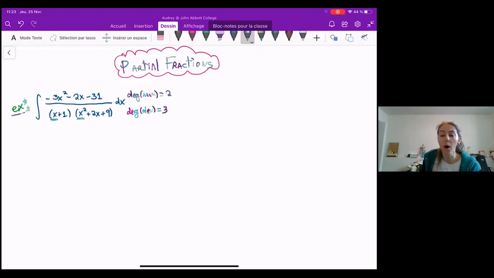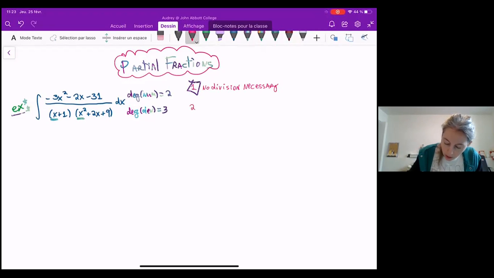We have to ask what is the highest power when we multiply them together? That would be x cubed. My degree is equal to 3. So in our first step, we really have no division necessary.